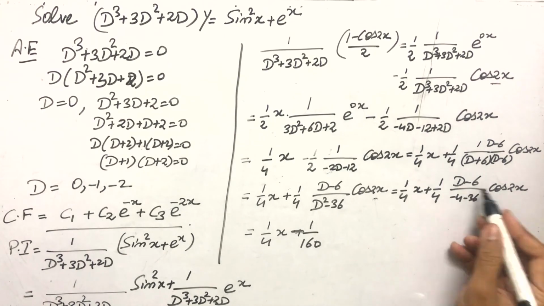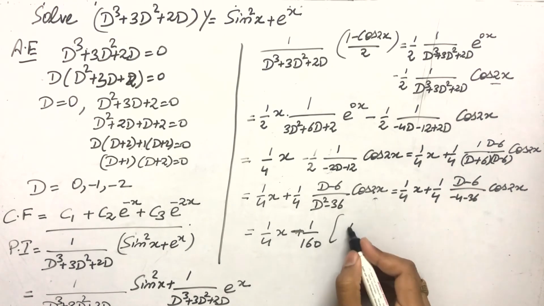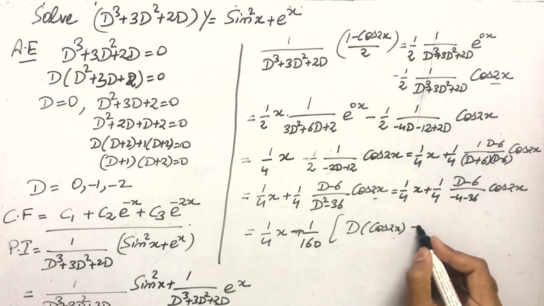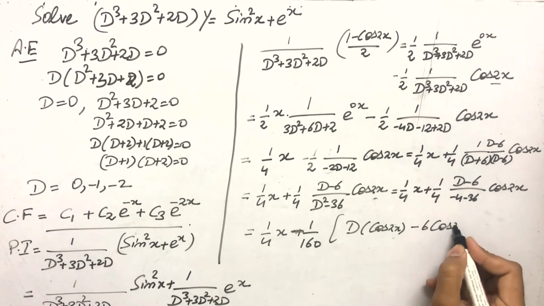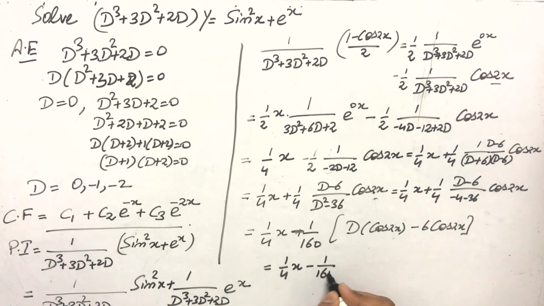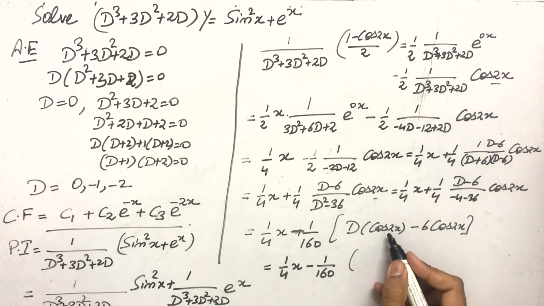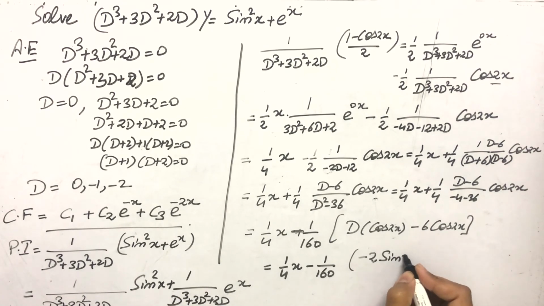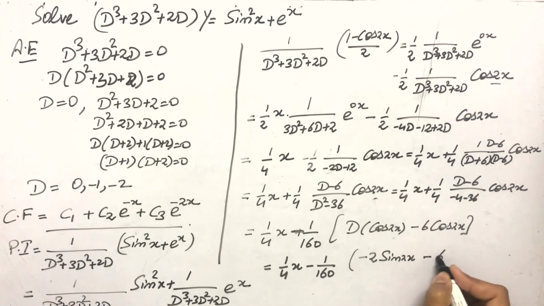So applying (D - 6) to cos 2x, D of cos 2x and 6 of cos 2x, which further simplifies to minus 1/160. And here we get the derivative of cos, which is minus sine: -2 sin 2x - 6 cos 2x.